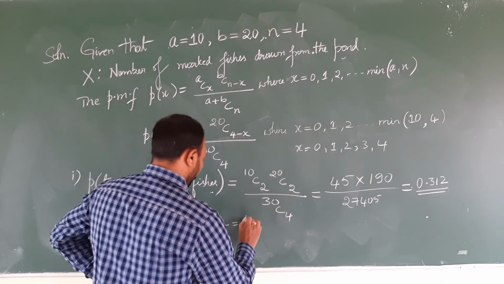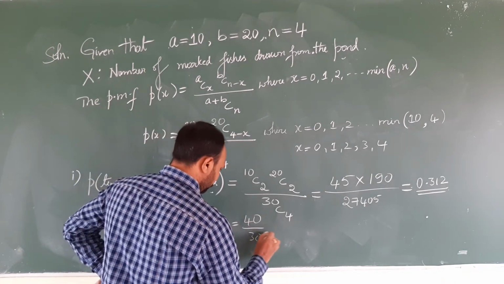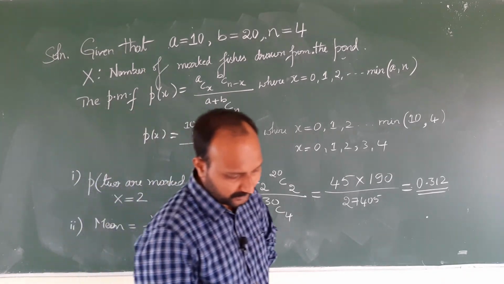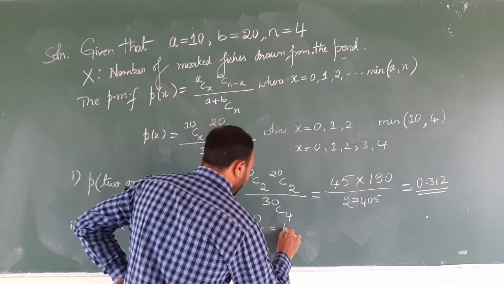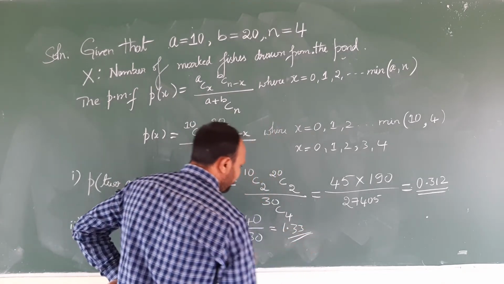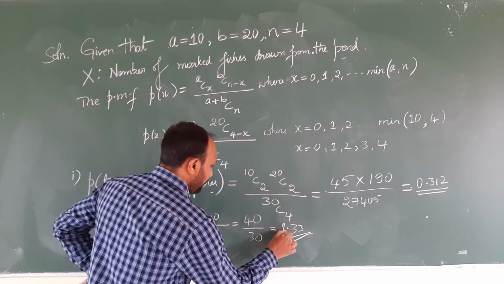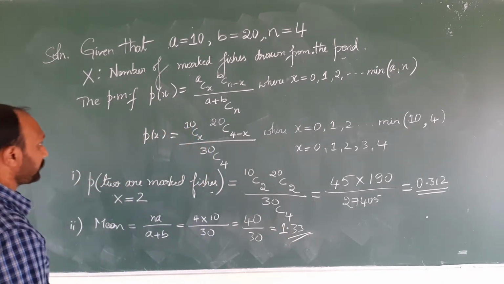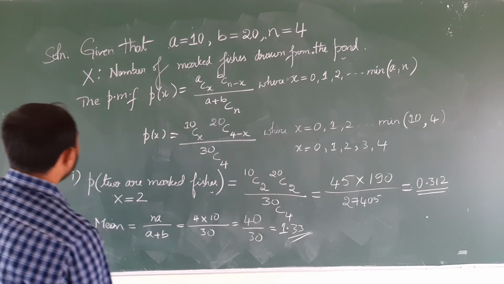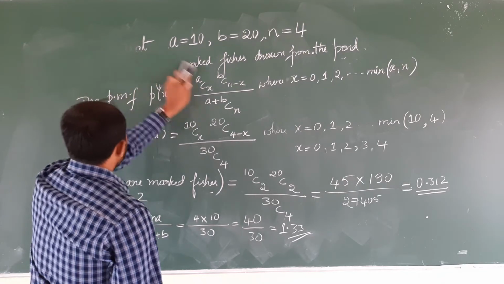So, that is 40 by 30, which is 1.33. 1.33 is the mean.